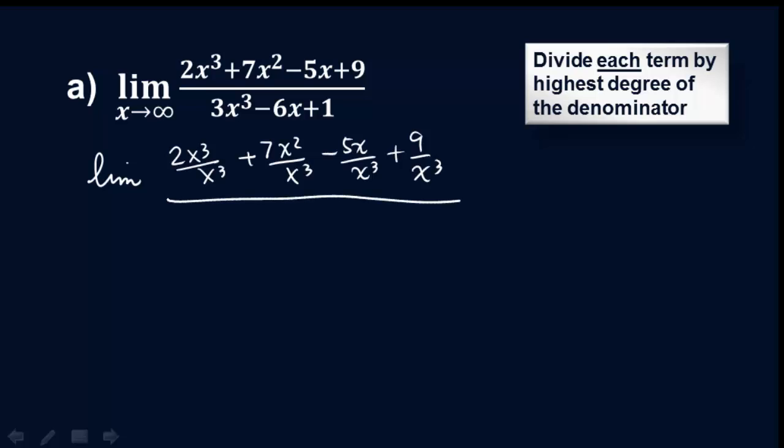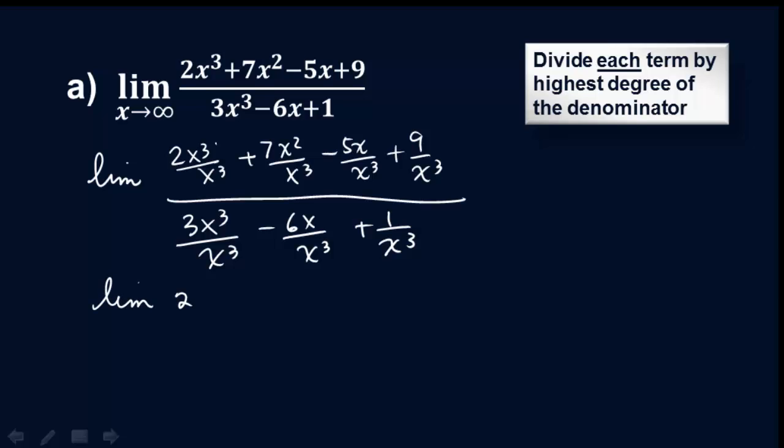Whole thing is divided by 3x cubed divided by x cubed minus 6x divided by x cubed plus 1 over x cubed. And of course we can knock out a few terms here in both the numerator and the denominator, and we will have the limit of 2, that gets cancelled out. Just simplify each term.